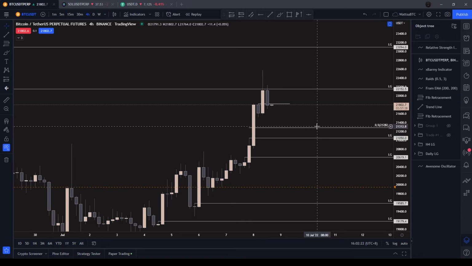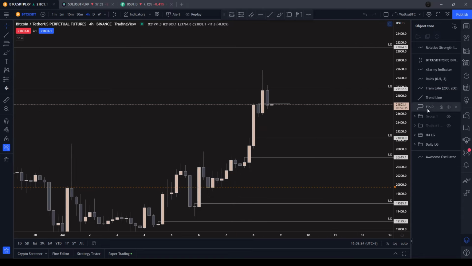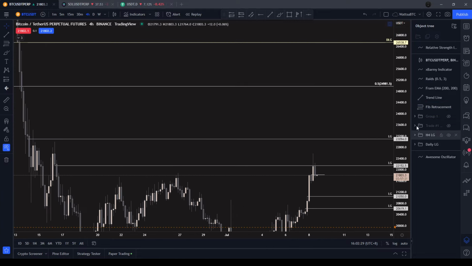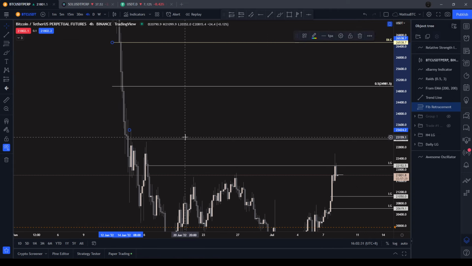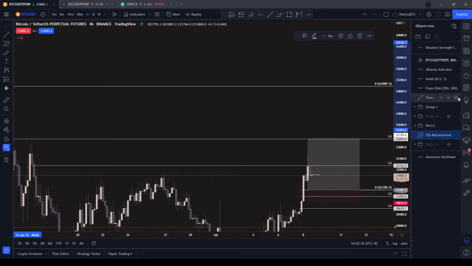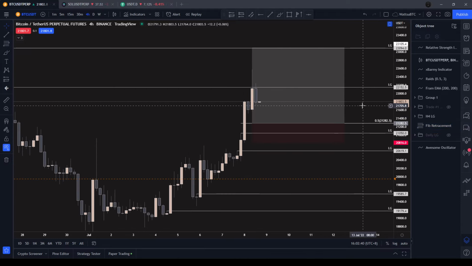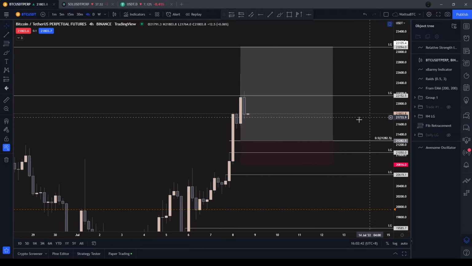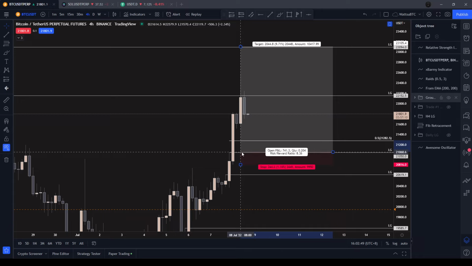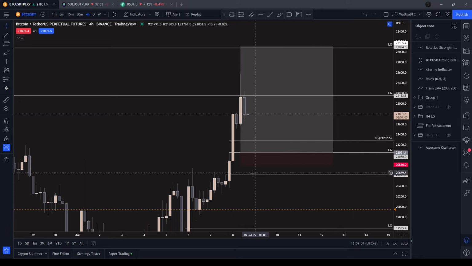A trade I'm looking forward to is actually this one, where continuation would be from 21,282.5, or you can just bid this as well for safer reasons.